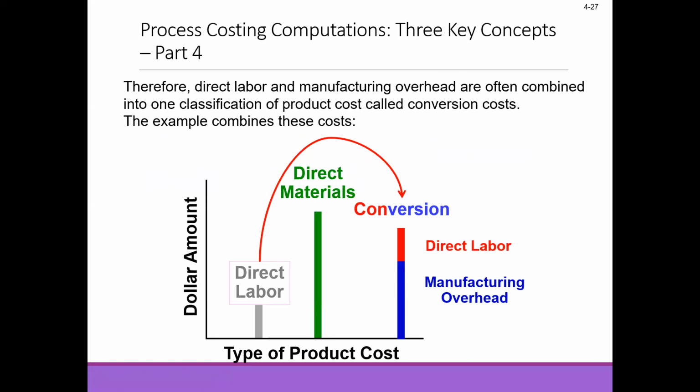Direct labor and manufacturing overhead in process costing are usually combined into one classification of product costs that we call conversion costs. So we take our direct labor and our manufacturing overhead, add the two together, and call them a conversion cost. The example combines these costs.